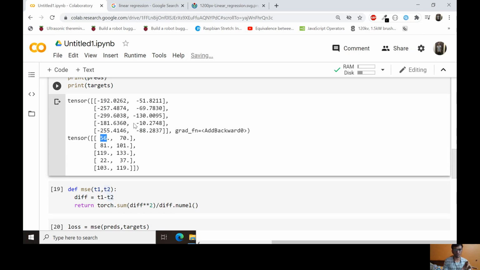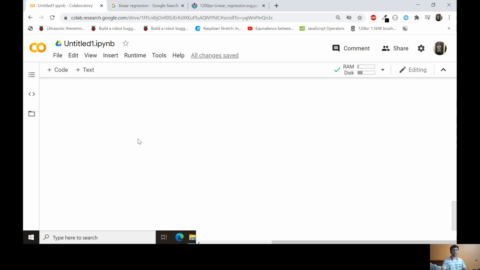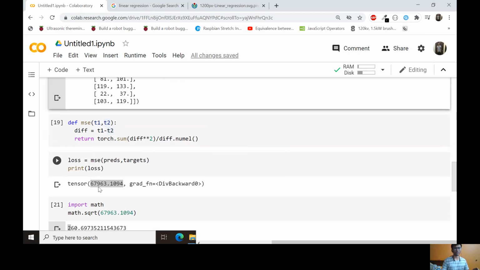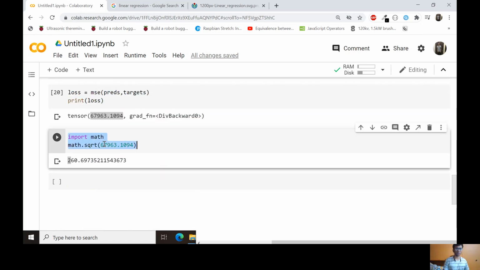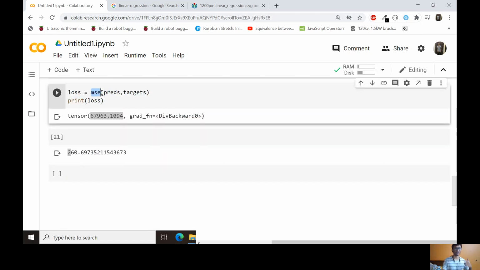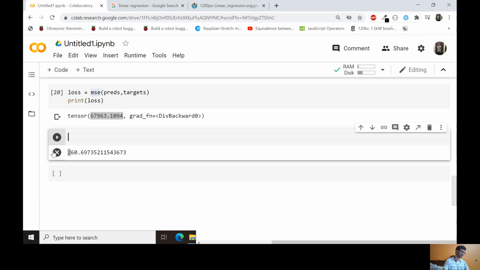Similarly, if I get minus 88 and I add 260, I'll be somewhat nearer to 119. So it's completely wrong, I know that, but still the thing is working. Minimum square error is working. If we iterate it over multiple epochs, we can get the right answer.